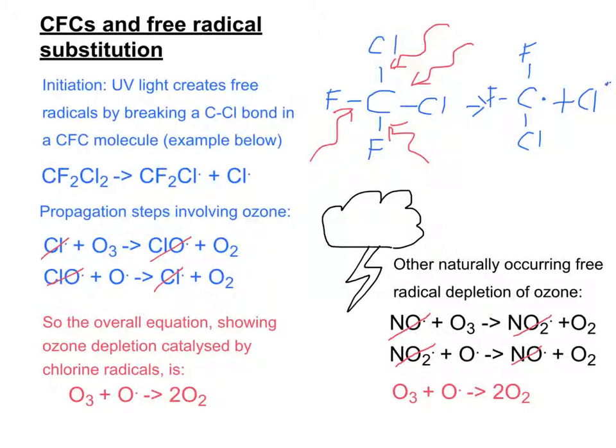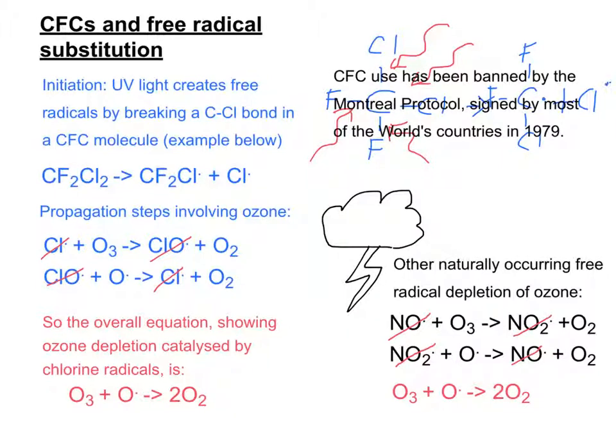So for this reason, CFCs have actually been banned by the Montreal Protocol. This was signed in 1979, and the idea was that zero production of CFCs would take place by the year 2000.